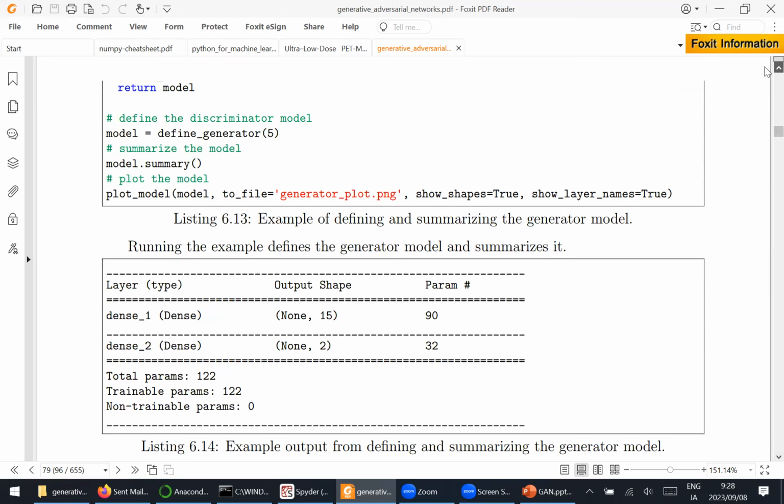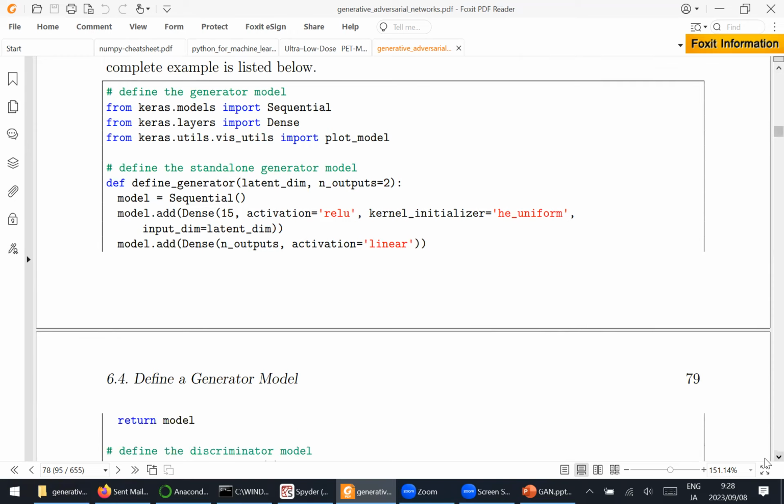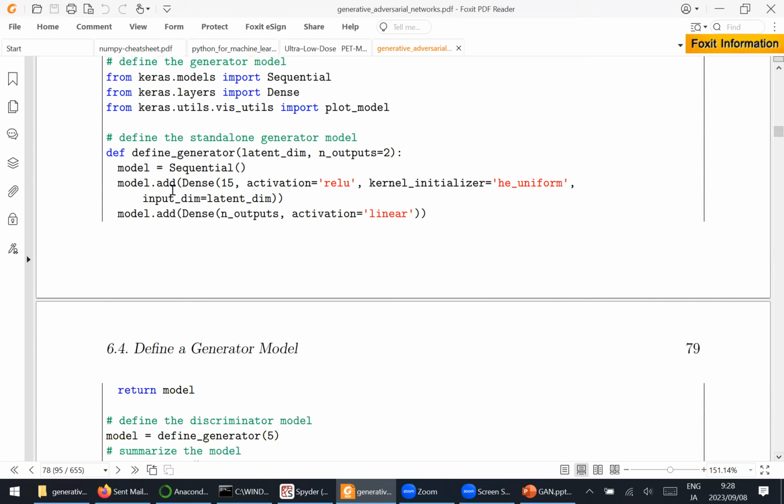So we're going to define the generator here. You see it's very similar to the discriminator, just a dense network here. And the output is just a number. That's why the activation now is just linear, just the value for the one neuron.